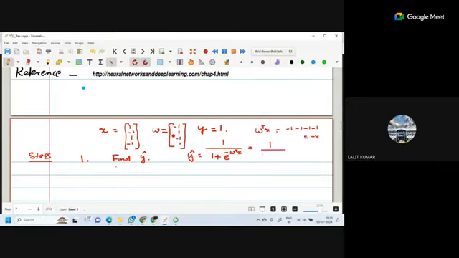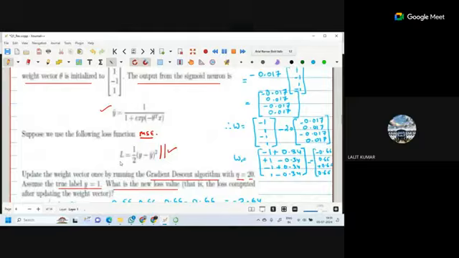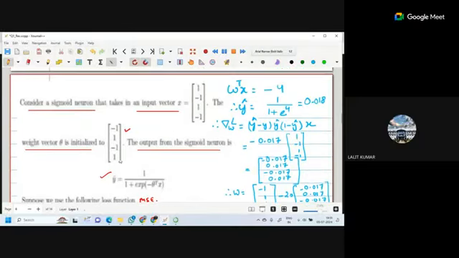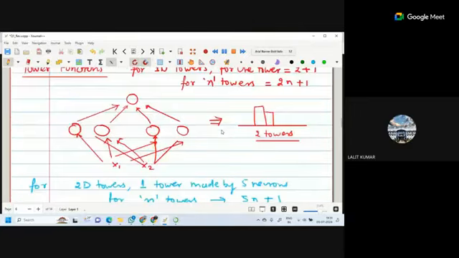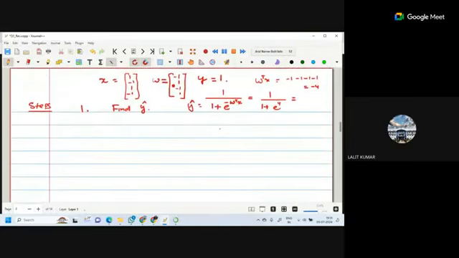So this will be 1 plus e to the power 4. So first you calculate w transpose x, then y hat. For example, in this case it has come 0.018.